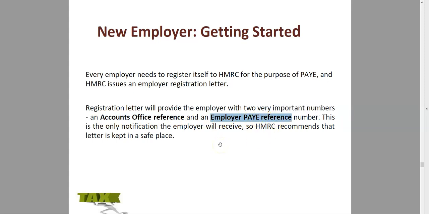These are the key information you need to submit the RTI to HMRC. If you don't have these two things, you cannot submit your information to HMRC at all. So every employer needs to register itself to HMRC for the purpose of PAYE, and HMRC issues an employer registration letter. On this letter, you're going to see these two numbers, and you have to input this information on the payroll software in order to submit any information to HMRC.